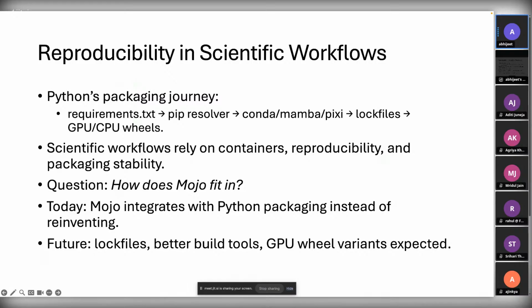We even now have GPU- and CPU-specific builds and SIMD, single instruction multiple data, builds. Mojo inherits this ecosystem rather than reinventing the wheel. Because it's a superset of Python, it can fit into existing workflows, Conda environments, Docker containers, and lock files, which makes reproducibility for experiments and ML pipelines achievable. This is essential if Mojo is to be trusted in science.